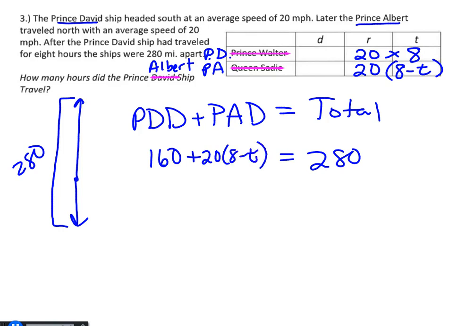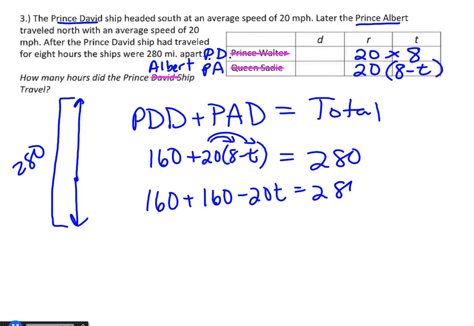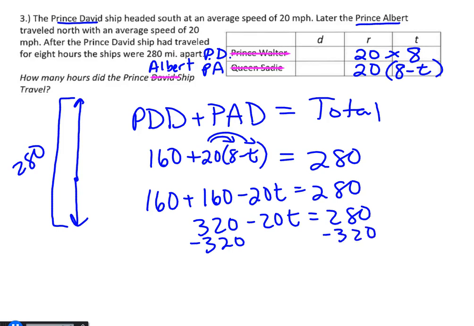Be careful there. Sometimes the parentheses throw people. Remember that you're going to need to distribute to both pieces. Now, as you start to solve this, you may notice that you end up with a negative, and a negative 40 over here.